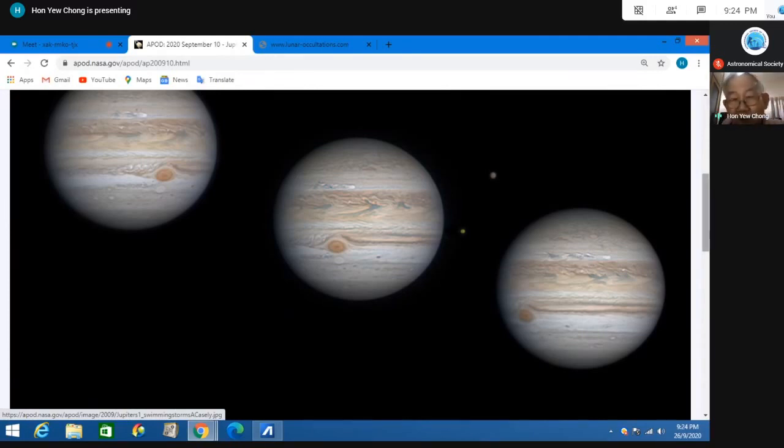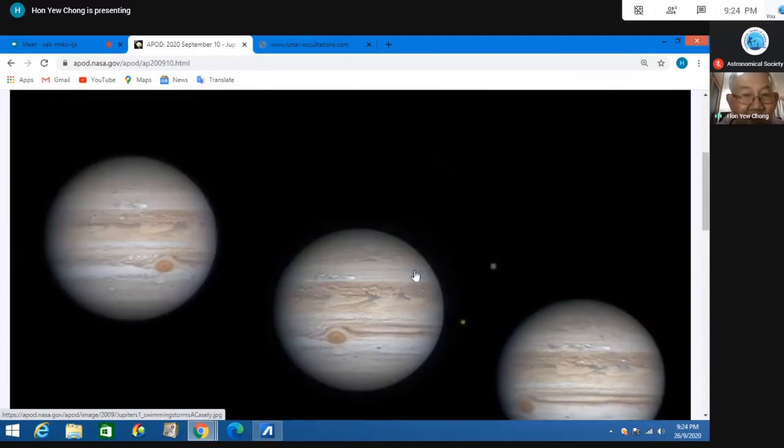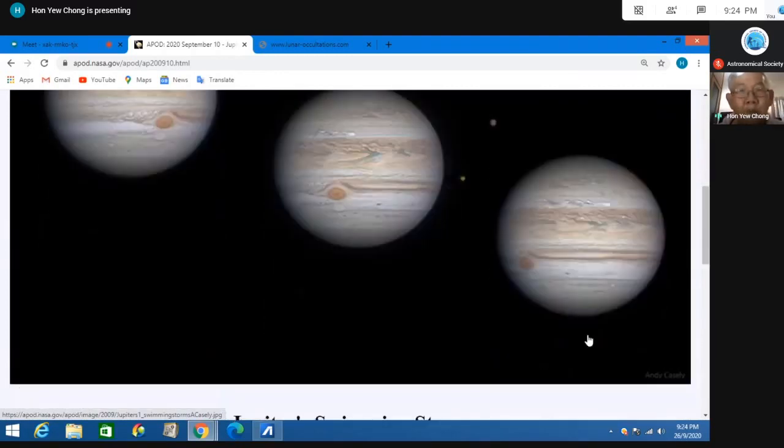Of course, the famous one is our Mr. Christopher Go from Cebu City in Philippines. Not a very big telescope. He put a telescope in his house in Cebu City, not so much light pollution, and he images Jupiter whenever the weather is good.